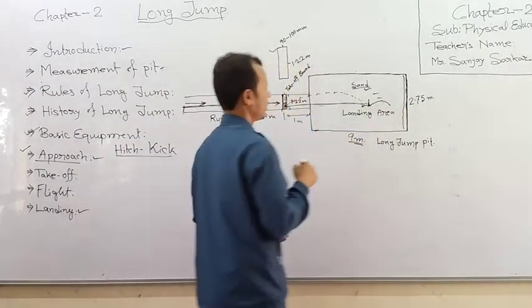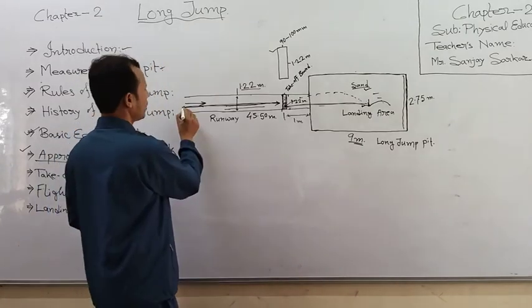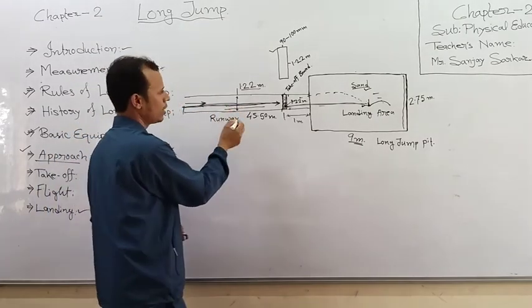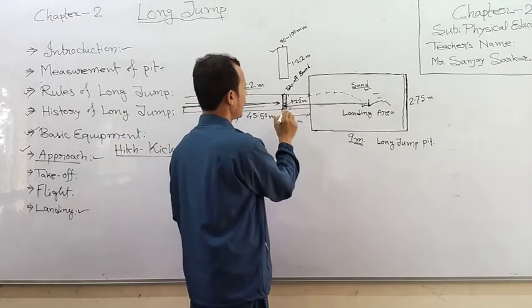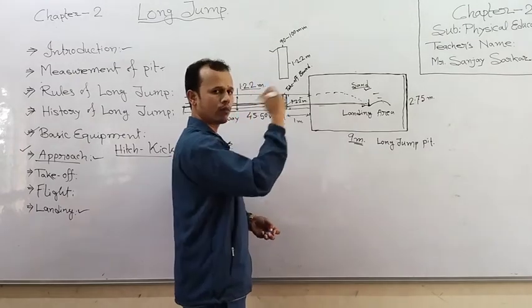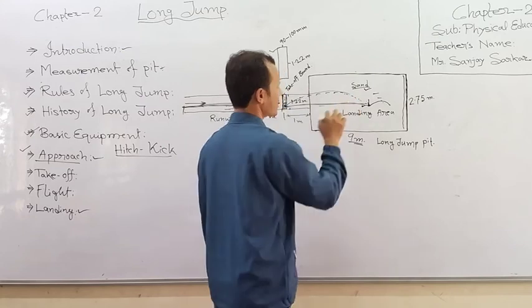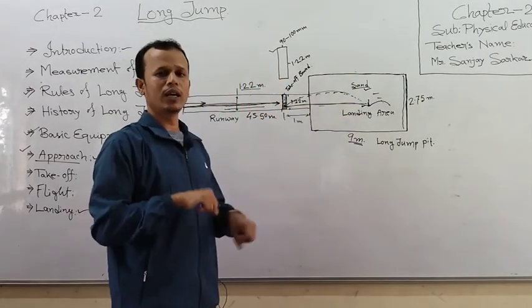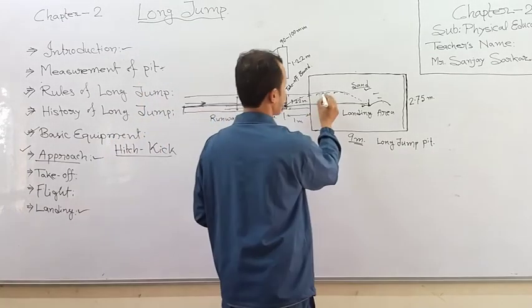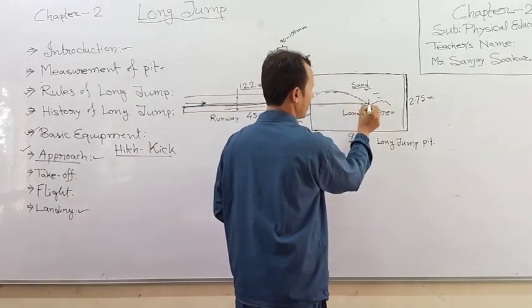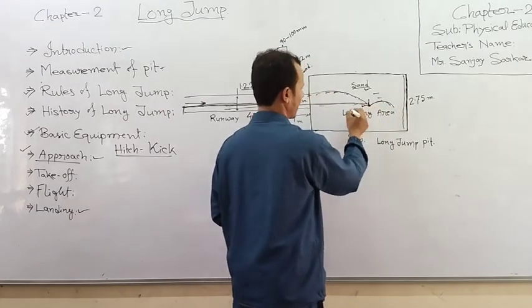This is the actual process of the long jump. At first the running happens in the runway area, and then we take off with our strong leg and push our body upward in the air. After that we make a cyclic movement, like while riding a cycle. Then the landing happens, and after landing we move forward, not backward.